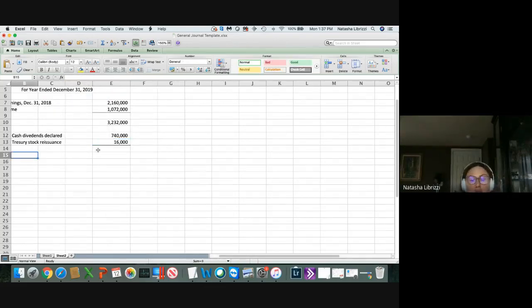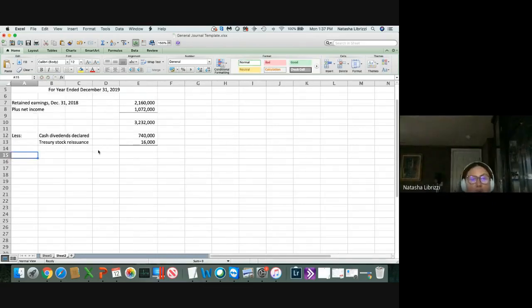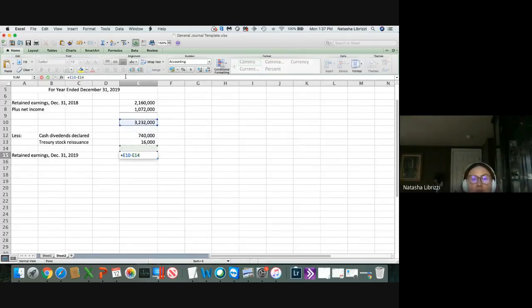So my retained earnings, somehow I lost my side here. And the end of the year, I'm going to change the date here, 19, is all my increases minus my decreases, like dividends decrease it, and in this case, treasury reissuance.